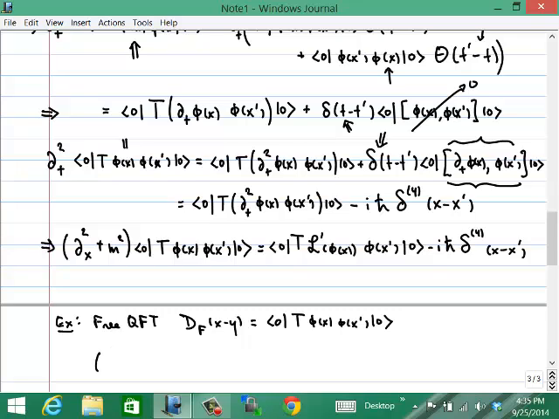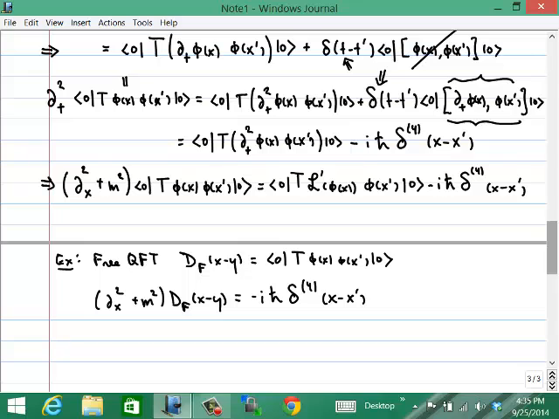And so this equation is just a statement that the Klein-Gordon operator applied to the Feynman propagator is minus i h bar times a delta function. Okay. That's an equation we've seen before. That's the equation that the Feynman propagator is the Green's function for the Klein-Gordon operator. So D_F is the Green's function for the Klein-Gordon operator.